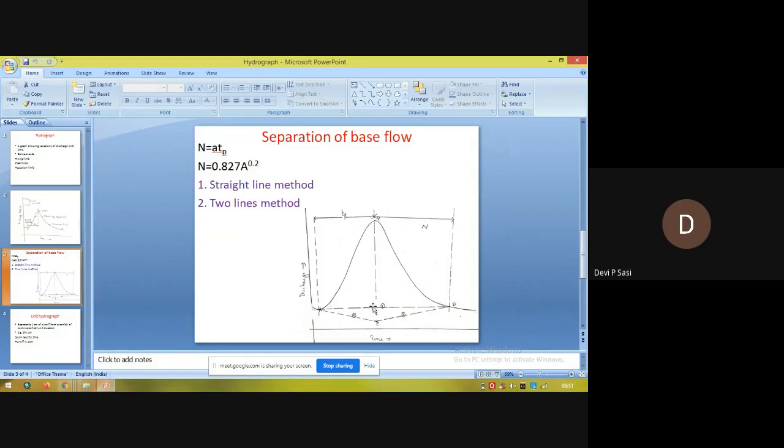Above the segments there will be direct runoff, and below that it is base flow.